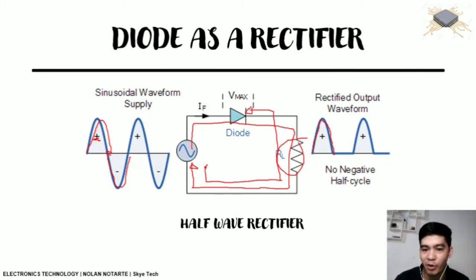Kaya kung makikita nyo rito, flat lang po ang ating waveform. Ibig sabihin, yung negative part, hindi po siya nakopya because of the diode. In that way, mako-convert po natin yung ating alternating current voltage into half-wave pulsating direct current voltage. Ganun po siya nangyayari.